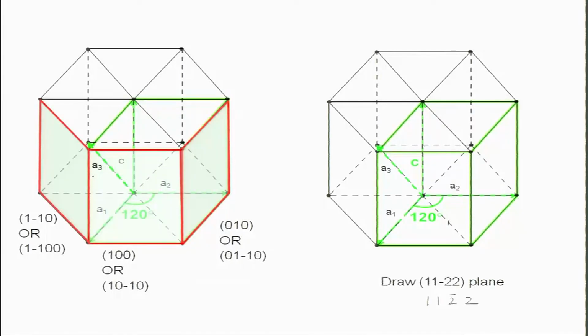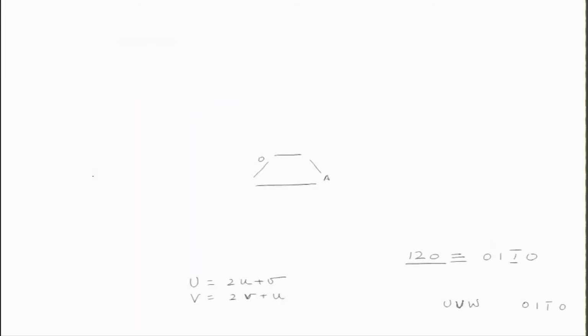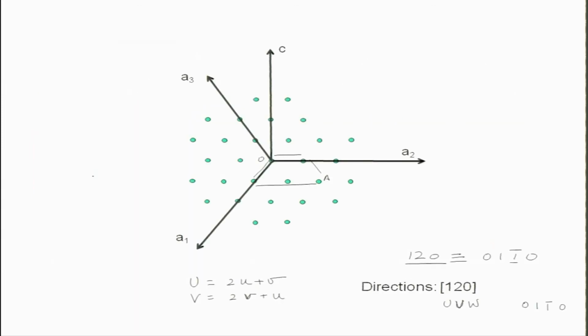Okay. So, in the previous case I showed you how you draw the plane in the 4 coordinate system, and in this slide I showed you how to draw the direction in 3 coordinate and 4 coordinate system. So, you can do the exercise.